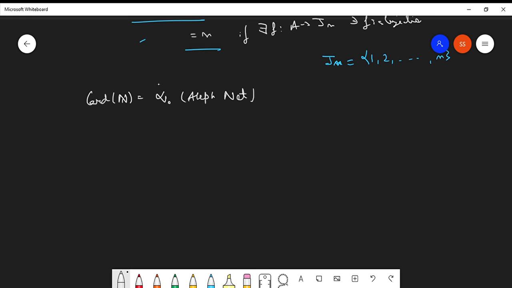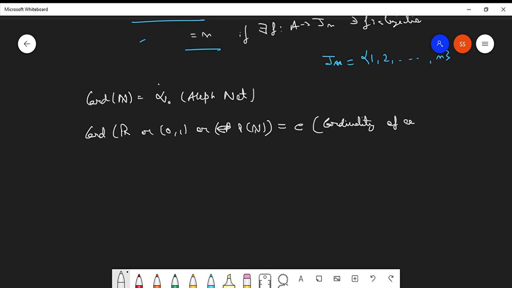And the cardinal number of the set of all real numbers, or of the numbers from 0 to 1 exclusive, or of the power set of the natural numbers, is given by small c. This is called the cardinality of the continuum. Clear?